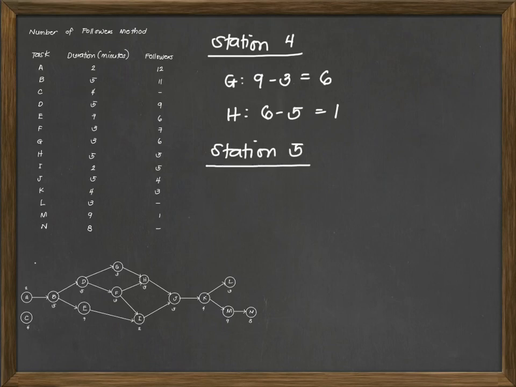So, next will be the task with 4 followers, which is si J. Si J, ang kailangan niya lang is H and I is already done on the previous station. So we can now allocate si J. So that's 9 minus 5.